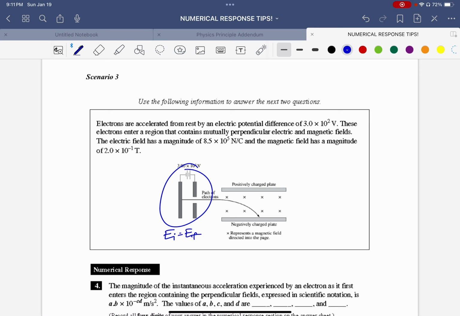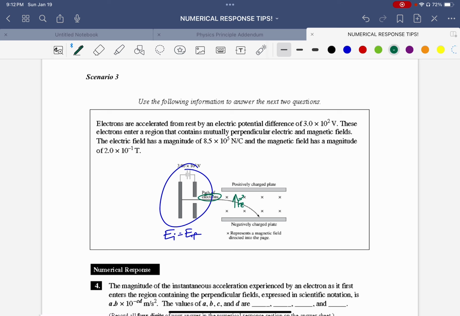Once it leaves these parallel plates, the path of the electrons goes between these two parallel plates with a magnetic field as well. So there's an electric force and a magnetic force. The electric force is going to be upwards because it's a negative particle attracted upwards towards the positively charged plate.